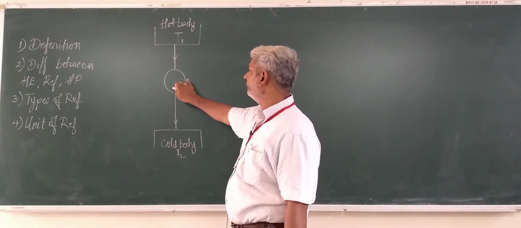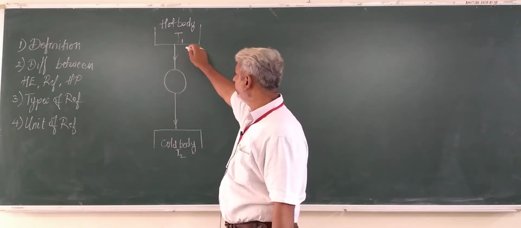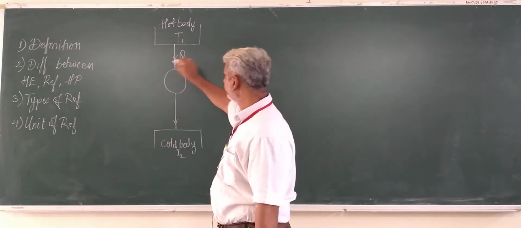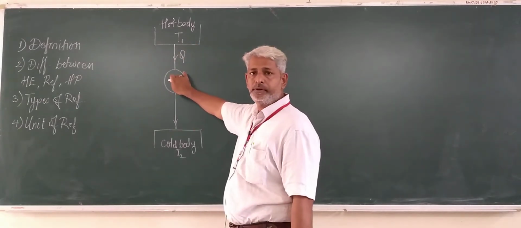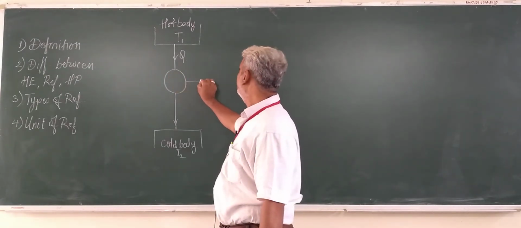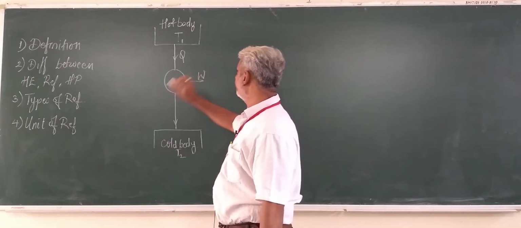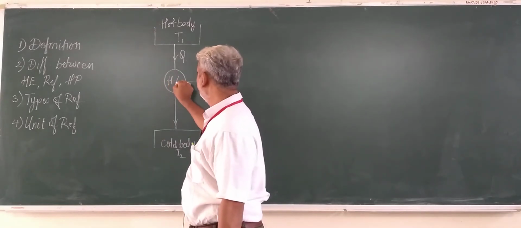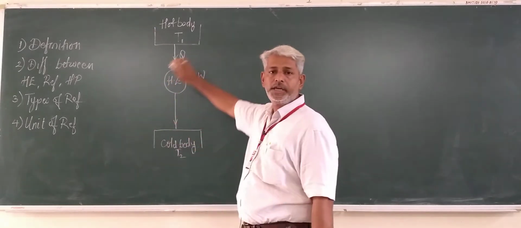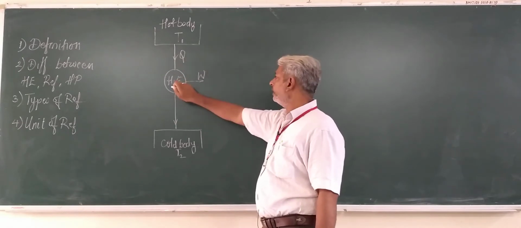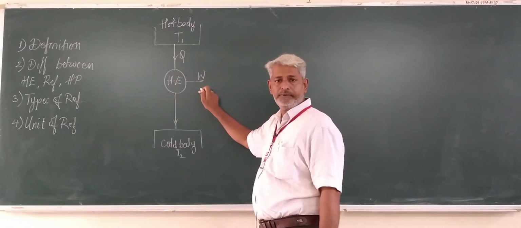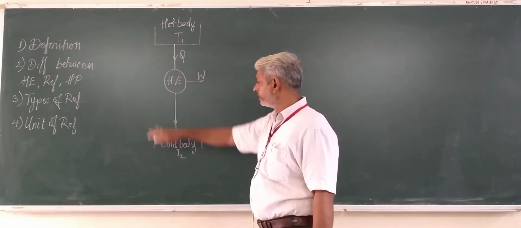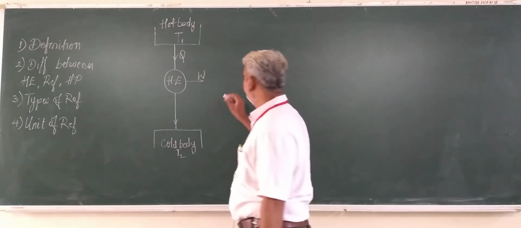In between we have a system, and when the heat is flowing across this system, obviously the system will produce some work. If we get a positive work output from the system, this entire system is called a heat engine. That means it is taking in heat from the hot body and producing work. That is the final effect. This entire system is called the heat engine system.